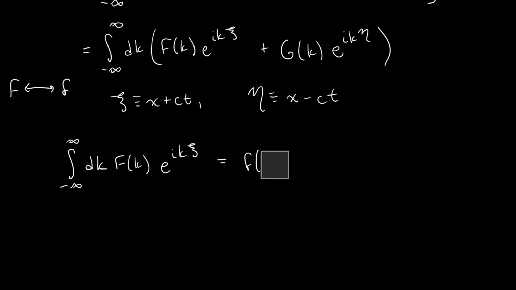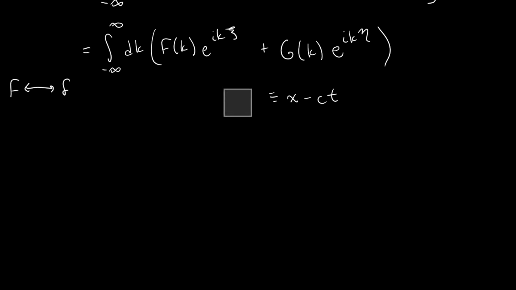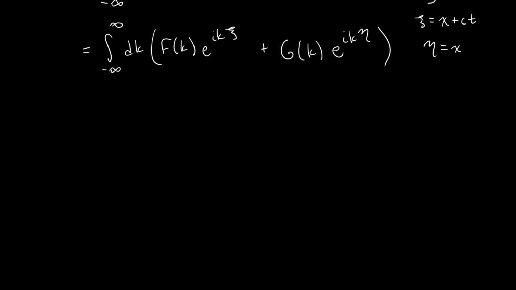So, psi equals x plus ct, eta equals x minus ct. I'll say that little f and big F are Fourier transform pairs, and little g and big G are Fourier transform pairs.